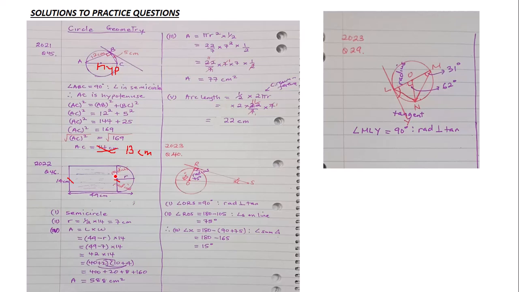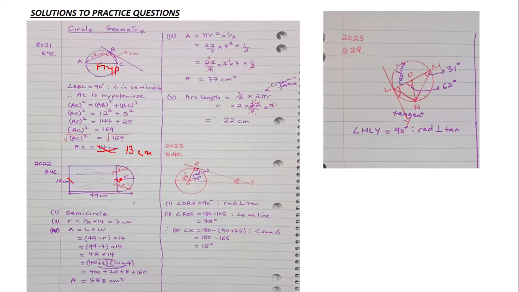So half of it, which makes up the radius of the semicircle, is 7. The radius is half of the width of the rectangle, half of 14, which is 7.